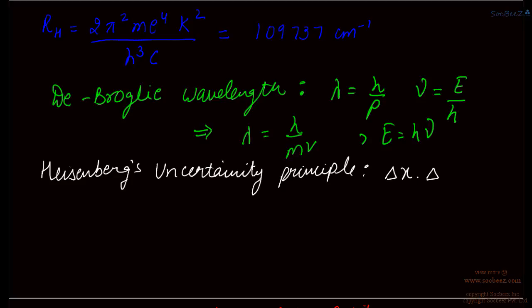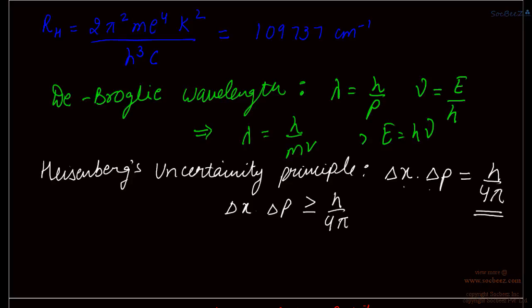That is, neither the value of Δx nor the value of Δp will be 0, and he said that the minimum value of the product of error in position and momentum will be h/4π. So if we generalize it, we get Δx·Δp ≥ h/4π.